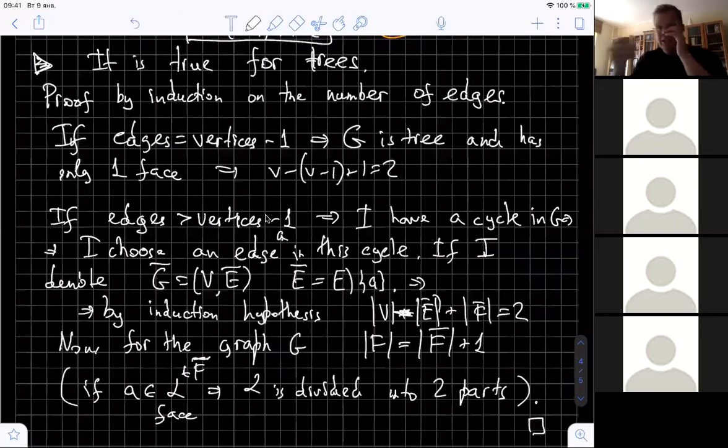And so by induction, I can prove this formula holds for my graph. And so for each planar connected graph, the number of vertices minus the number of edges plus the number of faces is equal to 2.